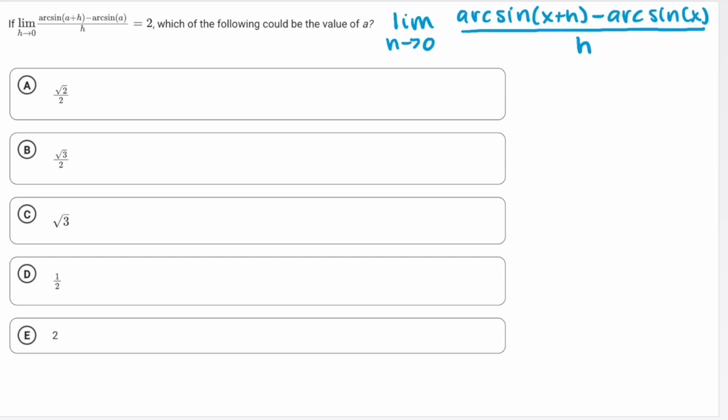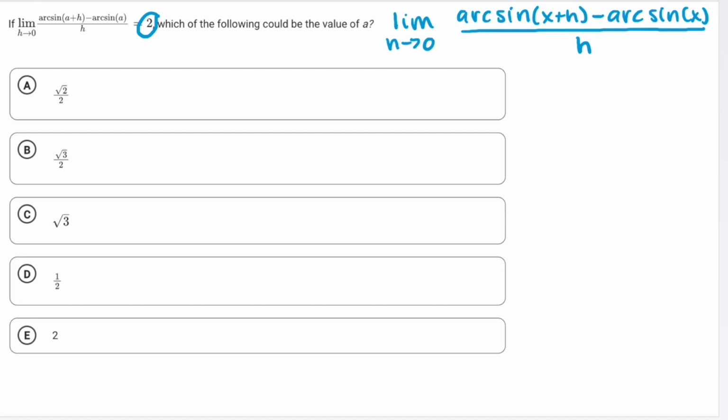But if you look, x has been replaced with this a value, and they're saying it's equal to 2. So essentially what they're saying is, what value could you put into the derivative of arc sine to make it equal to 2? So we do have to find the derivative of the inverse sine function first.